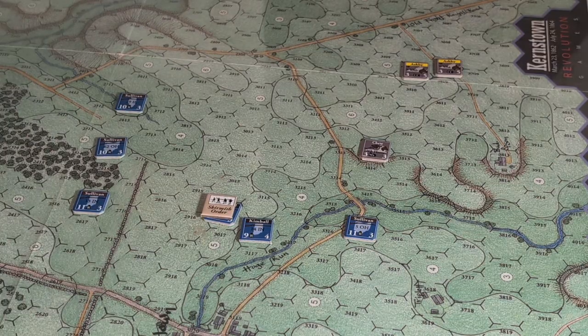Okay, so a unit that's in skirmish, we want to come out of skirmish mode.